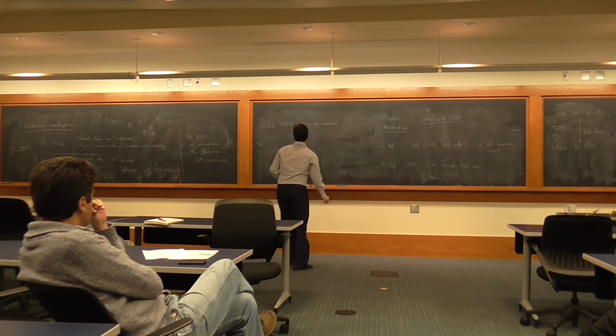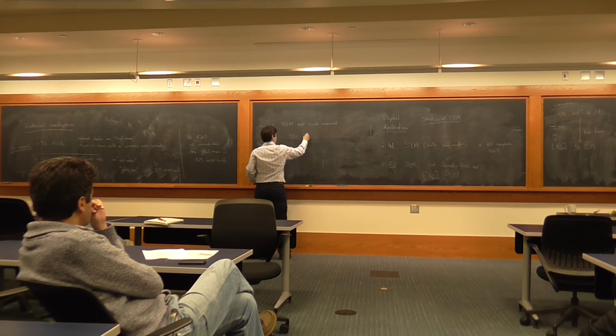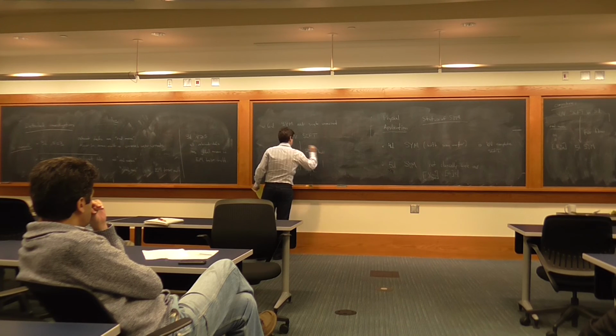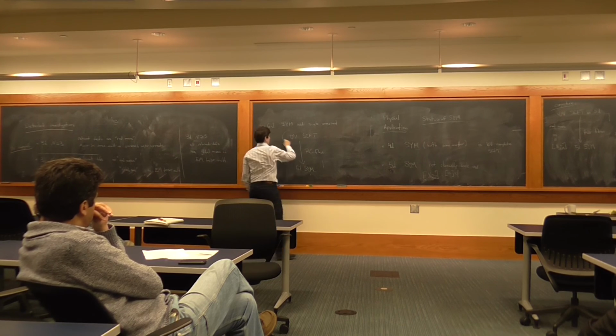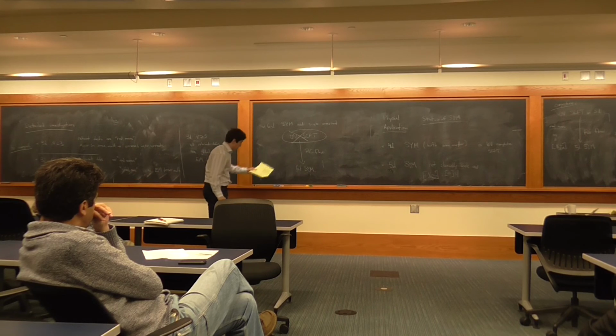So could I have some UV CFT which flows in the infrared to 6D super Yang-Mills? Here I'm discussing pure super Yang-Mills for the moment. Can this exist? We've actually said enough today to prove that this does not exist, if I'm talking about pure super Yang-Mills.